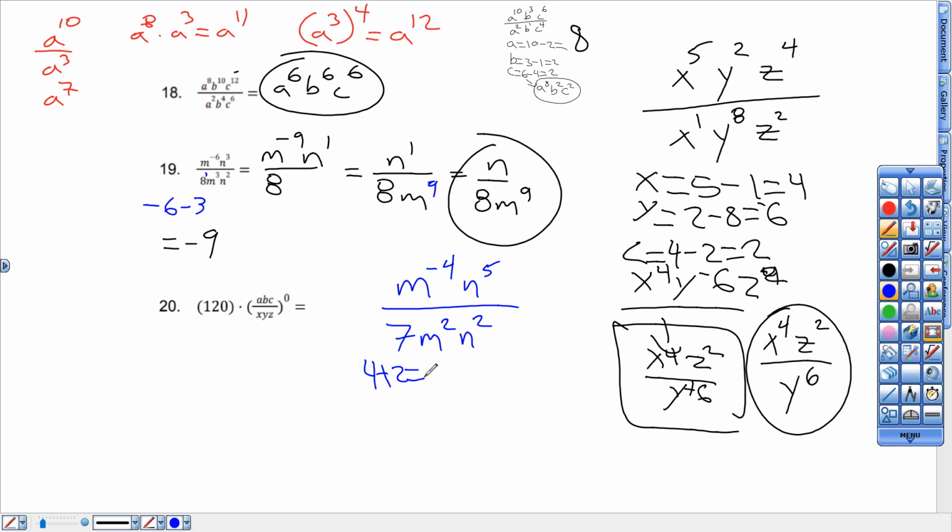No, this one I didn't add though. This one I took that -6, the top number, and I minus the bottom number. And that was tricky because -6 minus 3 gives me -9.